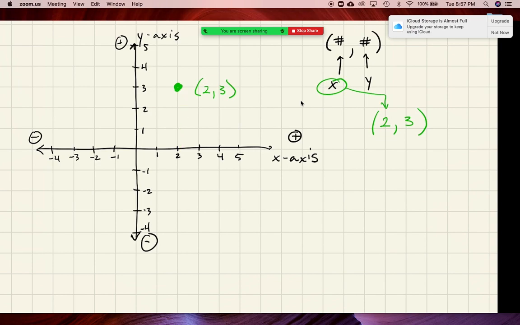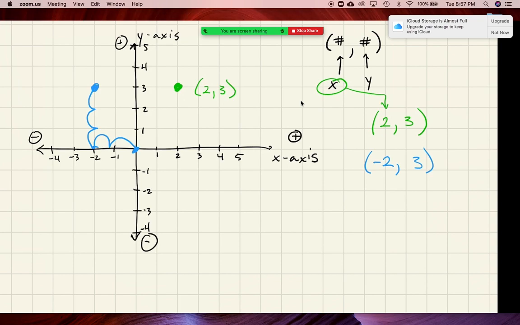If it was negative 2, 3, you always start out at the middle. This is called the origin. The negative 2 is for the x because the first spot is always for the x. So negative 2 means you go this way, 1, 2. But we're not done yet. We have to finish with the y coordinate. That's positive, so 1, 2, 3.